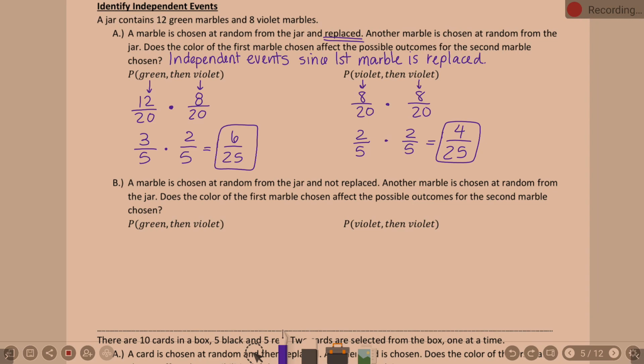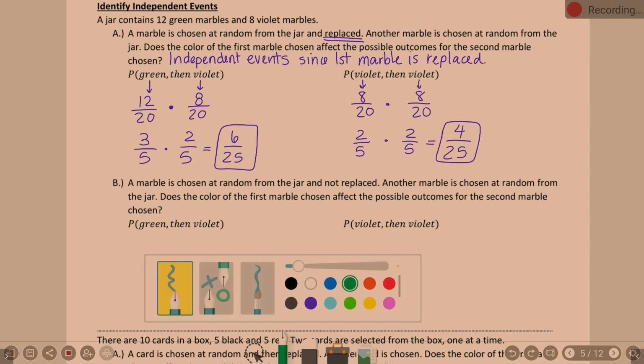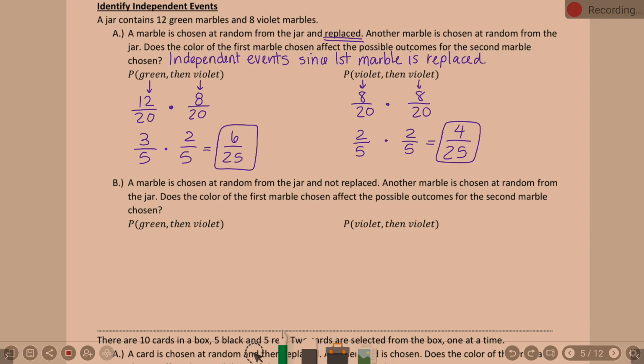Okay. B. A marble is chosen at random from the jar and not replaced. Another marble is chosen at random from the jar. Does the color of the first marble chosen affect the possible outcomes for the second marble chosen? Yes. It's not replaced. It's dependent.